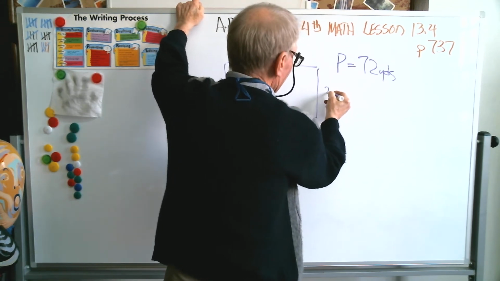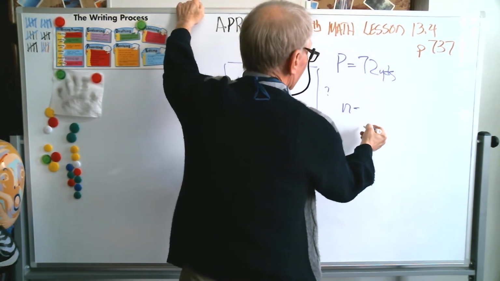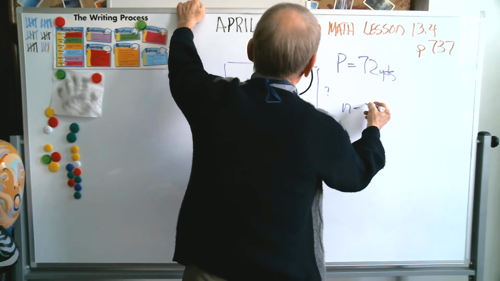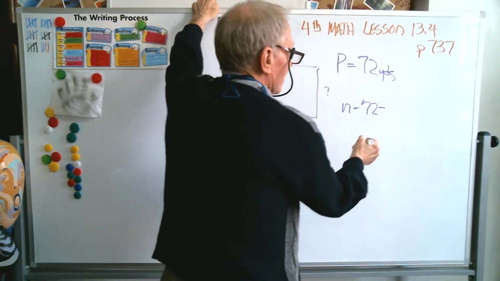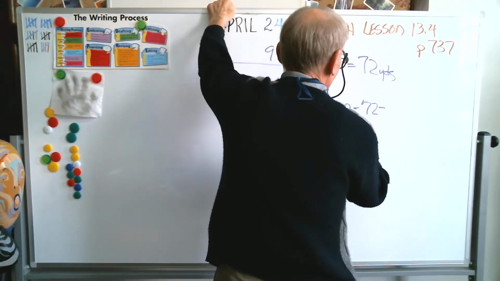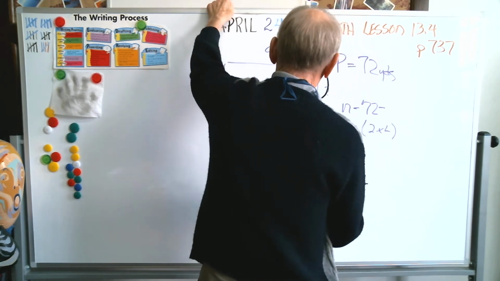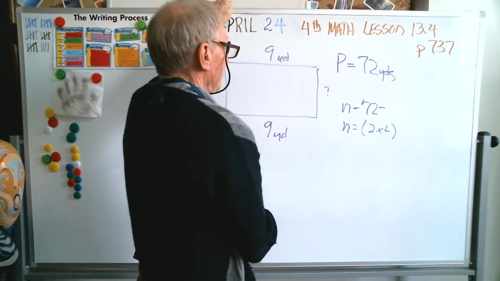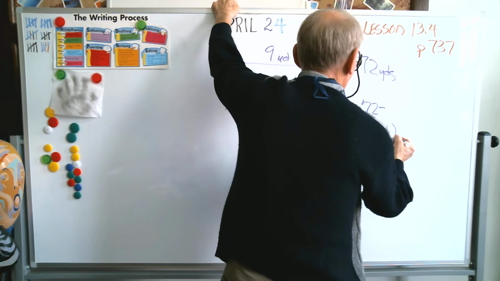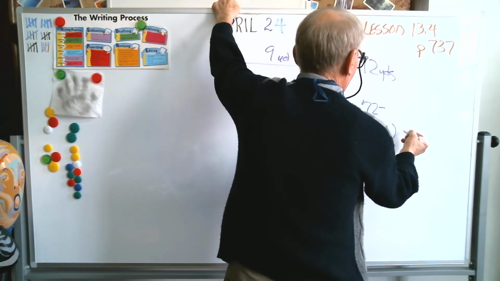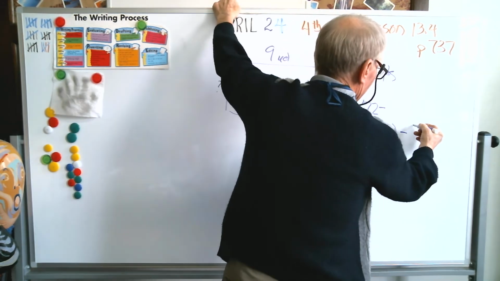In order to find the missing dimensions, take your n equals 72 minus 9 plus 9, or you can say n equals 2 times the length, 9 plus 9, and we're going to minus from that 18 yards.